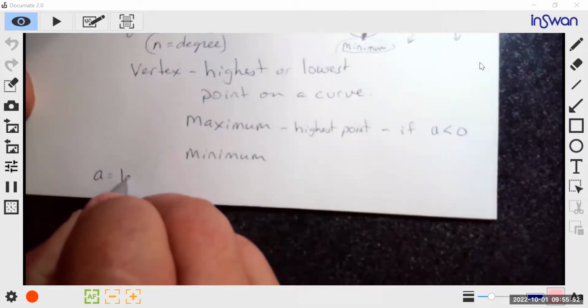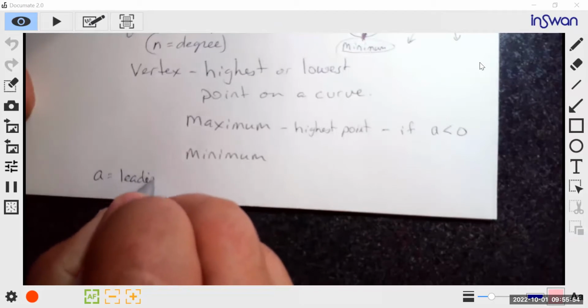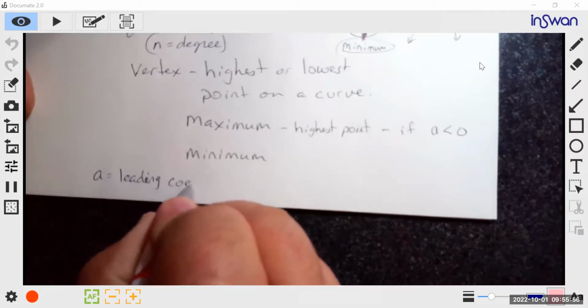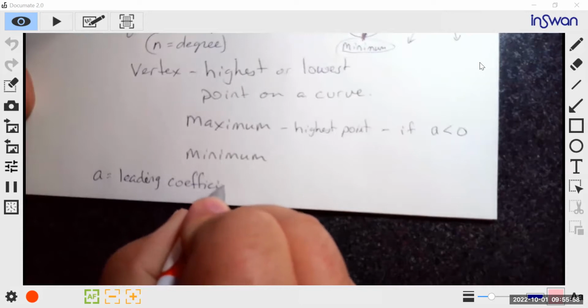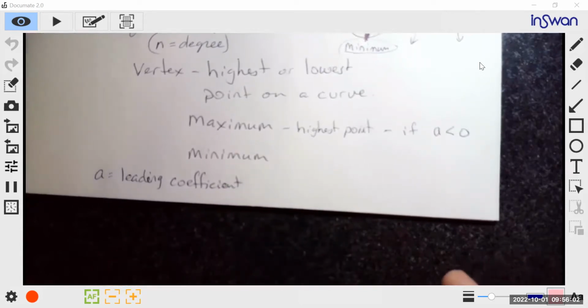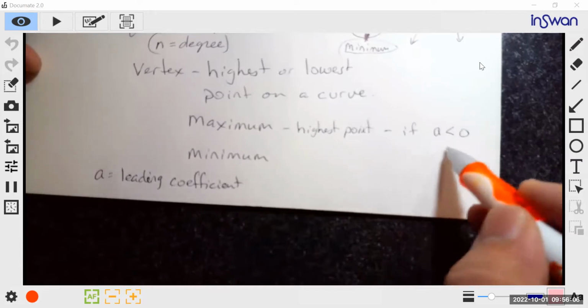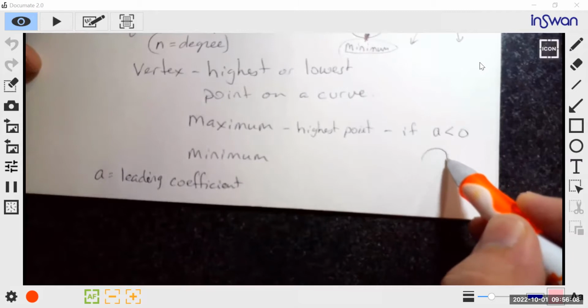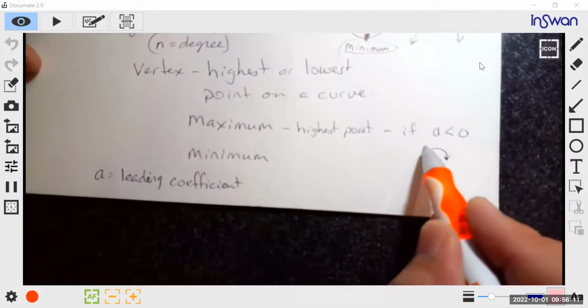It's the number in front of the x squared. If it's negative, the graph points down. Then we have a maximum.